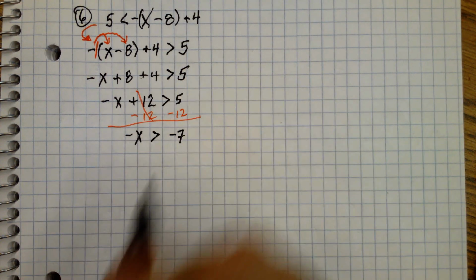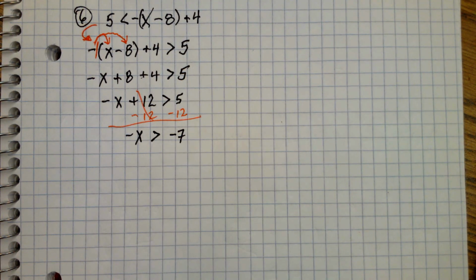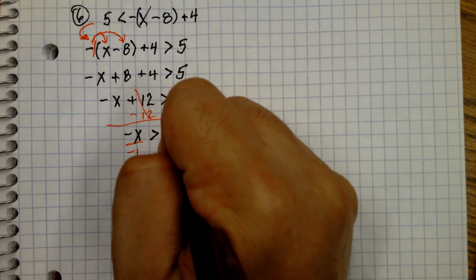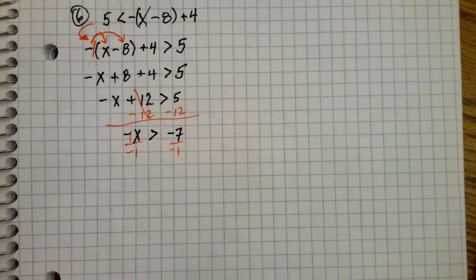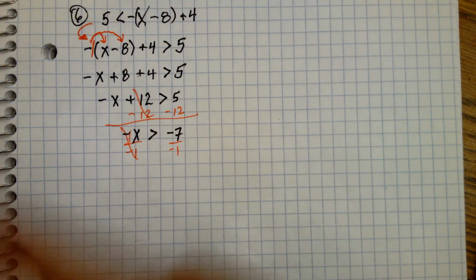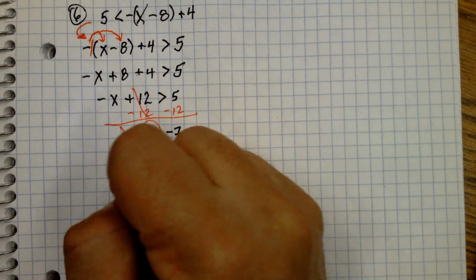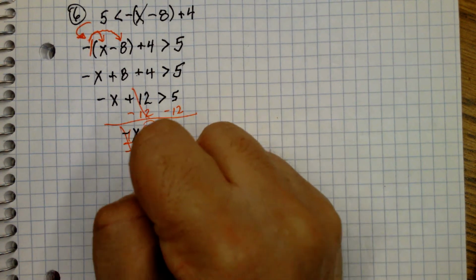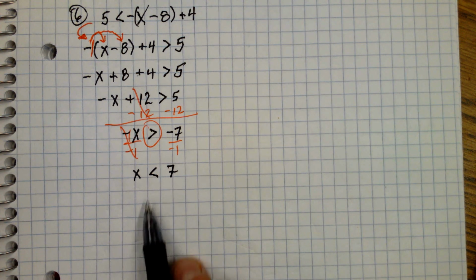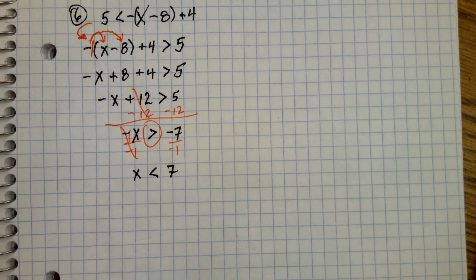So we got negative x is negative 7, but we don't want negative x. Think of it as dividing by negative 1. Because technically that's a negative 1. They'll cancel. Wouldn't the sign be flipped again? Yeah. So you get x is less than positive 7. The sign gets flipped again, this time just the inequality symbol. So we got all real numbers less than 7.